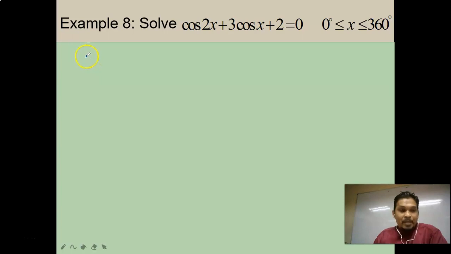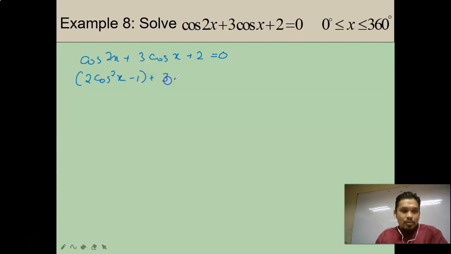So first, cos 2x plus 3 cos x plus 2 equal to 0, and this one comes up with 2 cos squared x minus 1 plus 3 cos x plus 2 equal to 0.